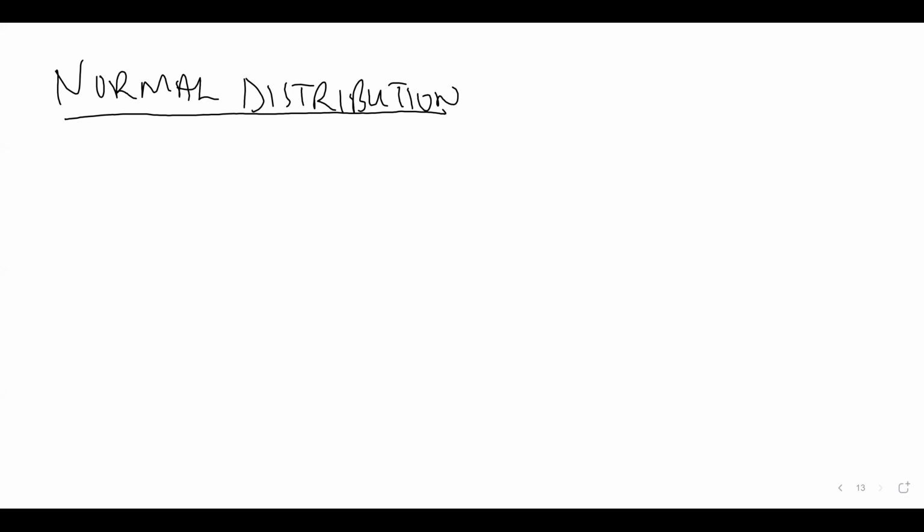So we'll start by mentioning that we are now discussing the normal distribution, and we start by mentioning that this is an example of a continuous probability distribution.